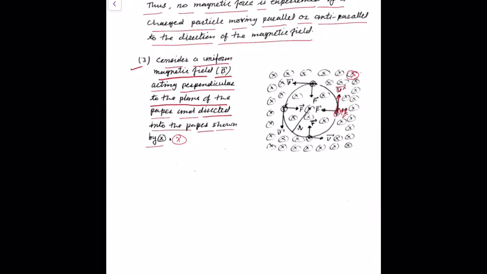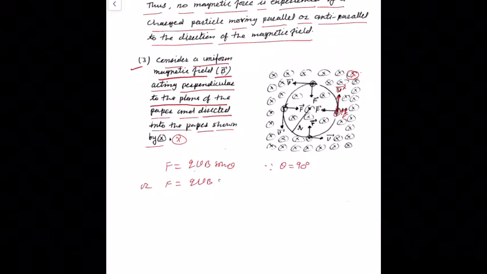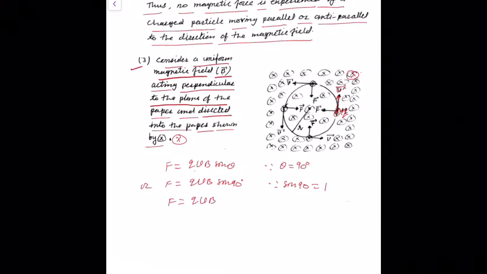Then the magnetic force acting on the charge plus q due to the magnetic field is given by F equal to qvB sine theta, since theta is equal to 90 degree, okay, or F is equal to qvB sine 90 degree, since sine 90 is equal to 1, so F is equal to qvB.